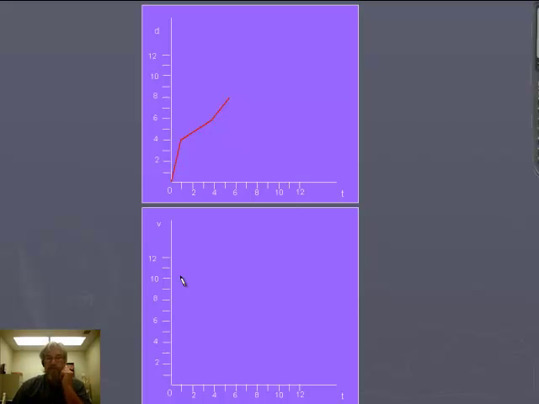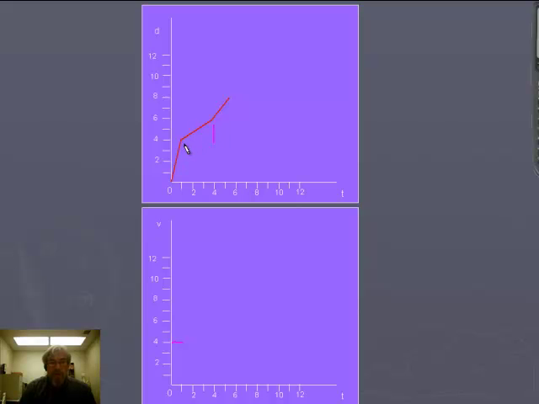Well, we can see here for the first second that it's going at a constant speed. From second 0 to second 1, it looks like it covers 4 meters in that second. So its speed for that first second is 4 meters a second. So I can draw that as a straight line for 1 second. Then it abruptly changes. And then from second 1 to second 4, we can see that it's got a different slope.